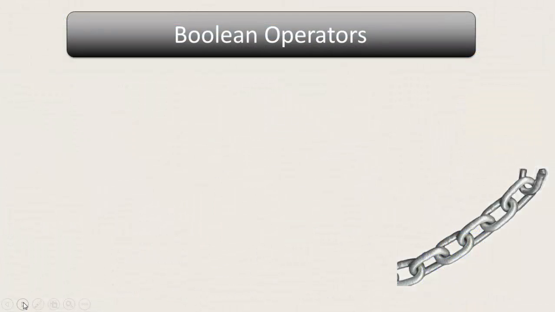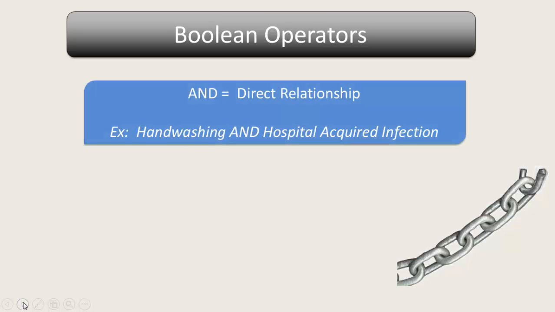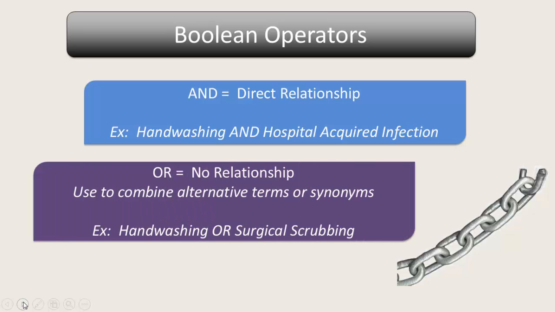Boolean operators are just terms that are used to make relationships between terms. You use and to make a direct relationship. So if you want to see how hand washing affects hospital-acquired infections, you would do hand washing and hospital-acquired infection. But if you use or, the reason you're using it is not to make a direct relationship, but to gather all of the articles that may describe or discuss particular terms or concepts.